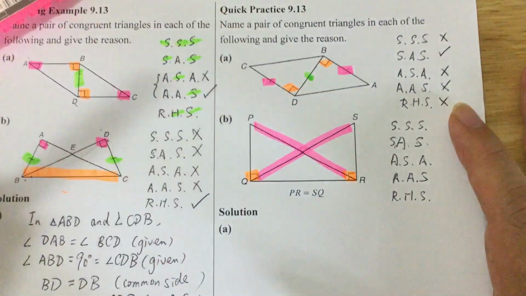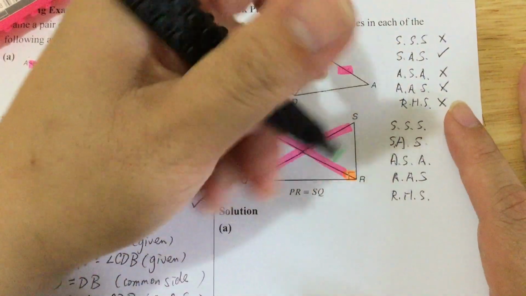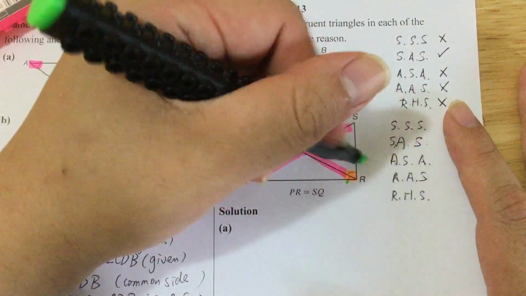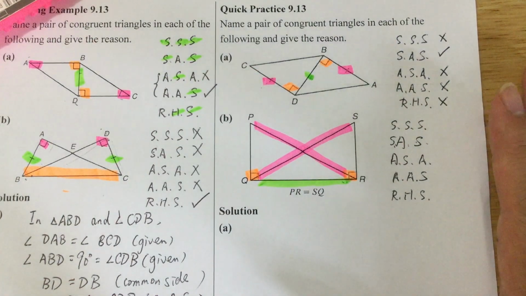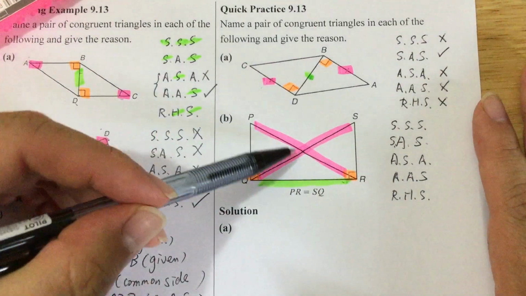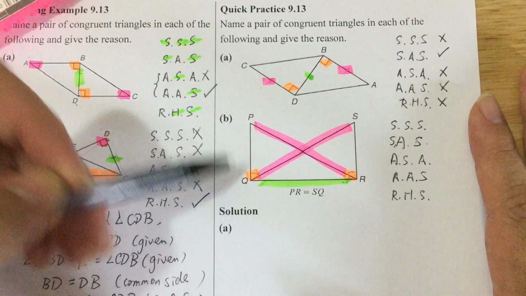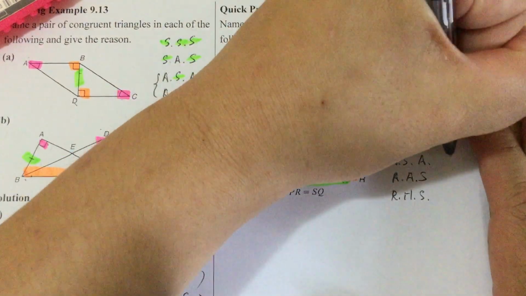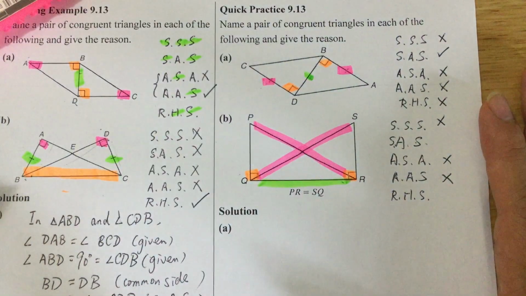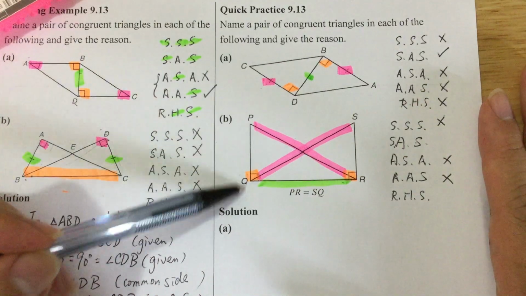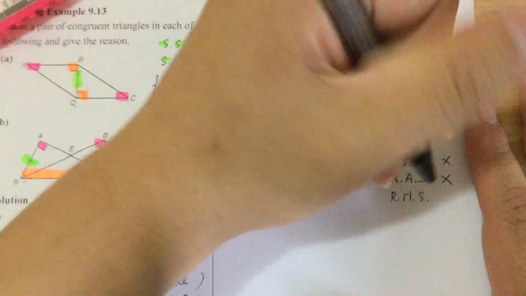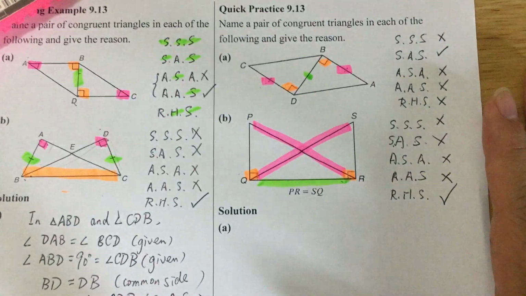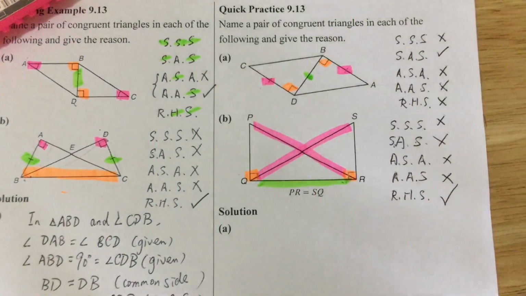We do not have another angle. And we have the common side, QR equals QR. So these three conditions we must consider. Once again, SSS, ASA, and AAS are not valid here. So we can choose SAS or RHS. Obviously, this one is RHS. So I will not choose SAS. So we'll write down the answer one by one.